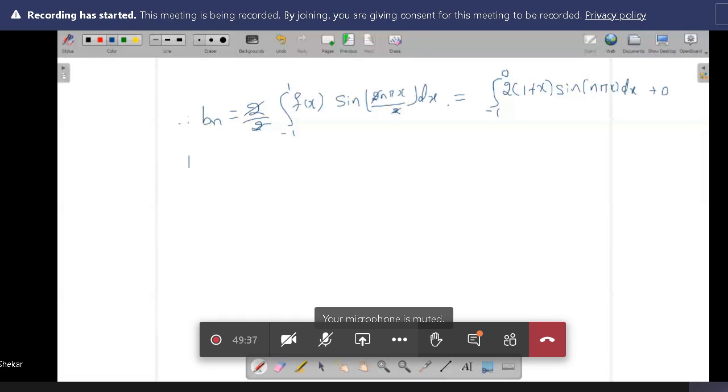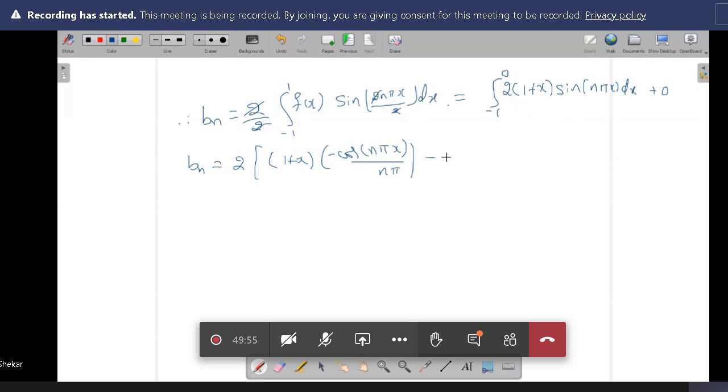So b_n is 2, a constant; again, first function, that is 1 plus x, into integration of sine, which is minus cos(n pi x) divided by n pi, minus derivative of 1 plus x, which is 1, into integration of cos, which is minus sine(n pi x) by n pi square.